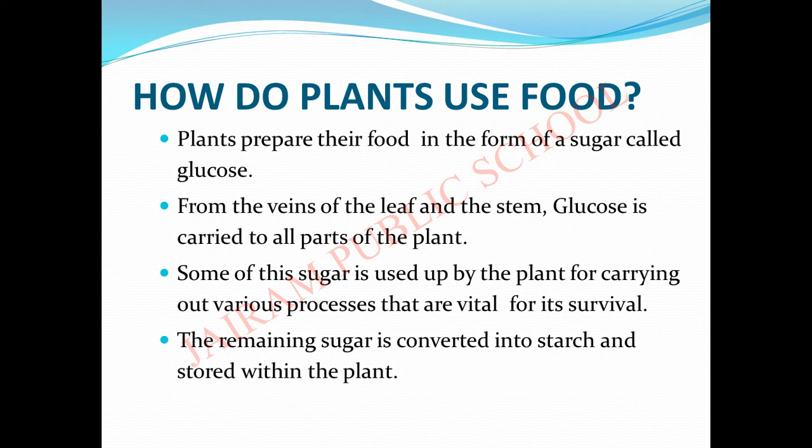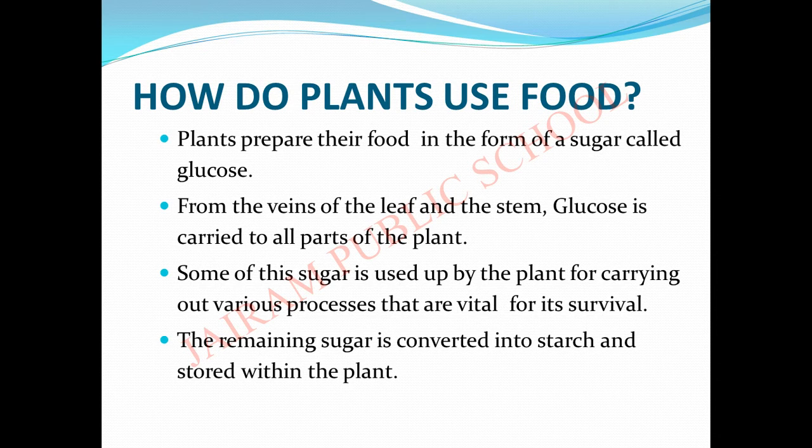Let's see the next slide. How do plants use food? Plants prepare their food in the form of a sugar called glucose. Glucose. From the veins of the leaf and the stem, glucose is carried to all parts of the plant.